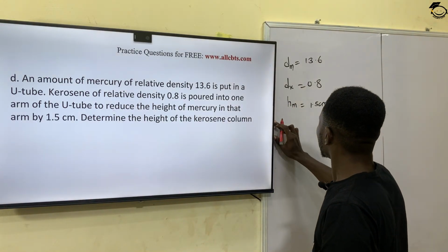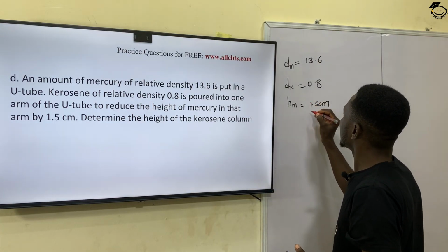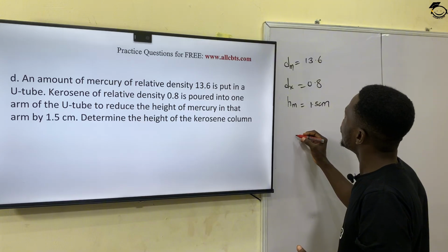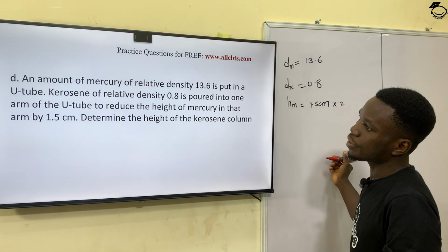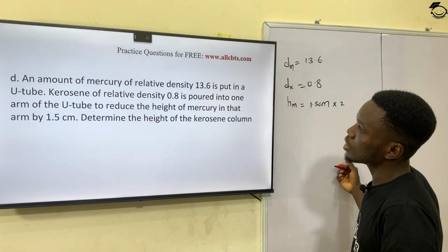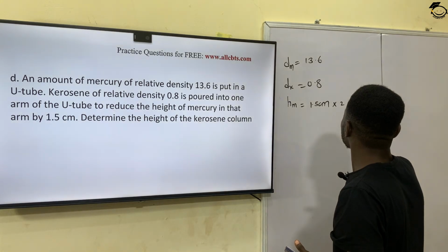So if the height of the mercury is 1.5 centimeters, it means that the height of mercury in both arms is times 2, because we have mercury in both arms of this particular U-tube. So it means that what I'm going to be having is 3 centimeters.